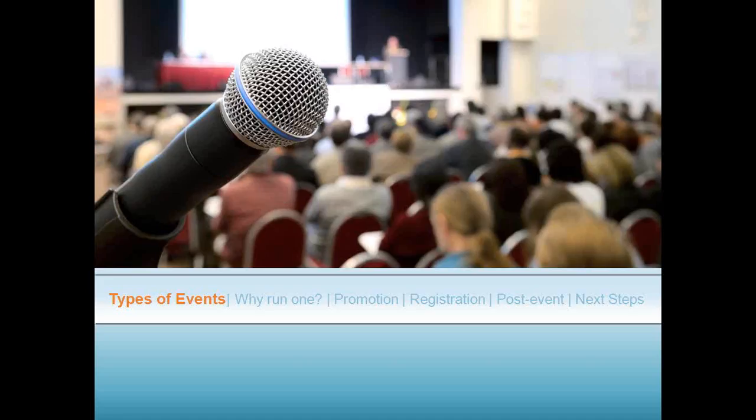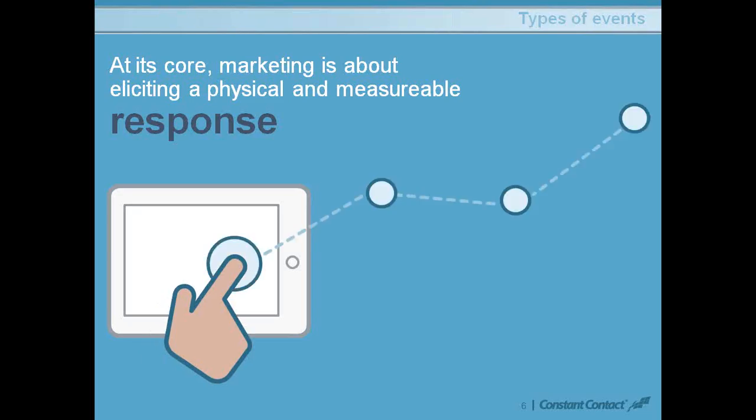So the types of events. I want to give you a simple definition or framework of what marketing really is. You already know generally what it is, but when I say the word marketing, I mean something very specific, and it's important that we're on the same page. My definition of marketing has three simple parts. You define an audience, a group of people that you want to target. You reach out to them with a message that is specific to that audience.